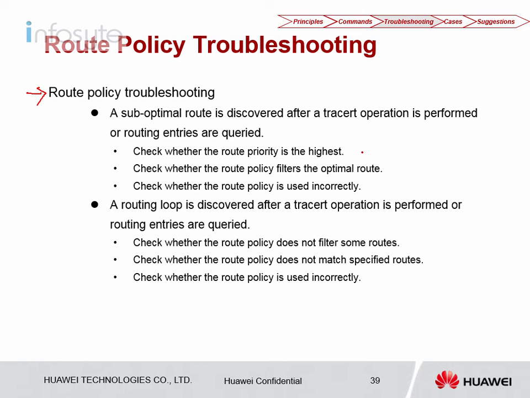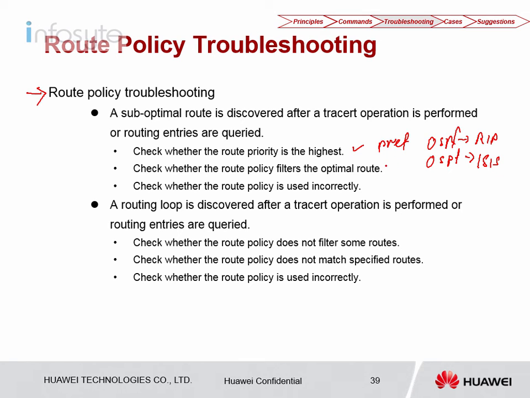So first, you want to check whether the priority is the highest. Remember our preference. Make sure you know the preference from OSPF into RIP, or OSPF into ISIS, otherwise you will have a suboptimum path. We can use a route policy to change the preference.